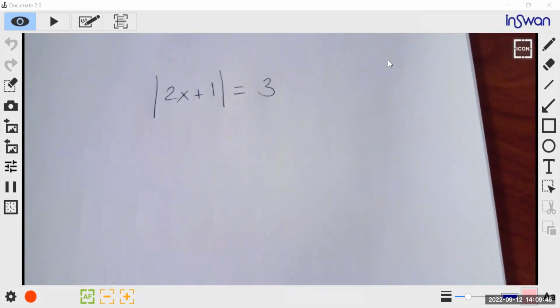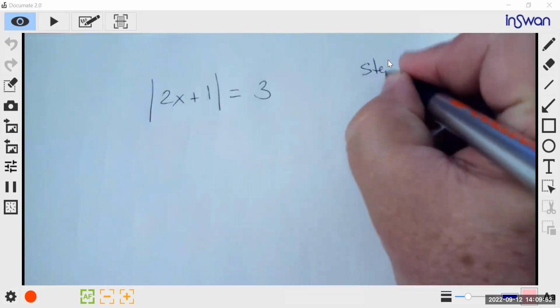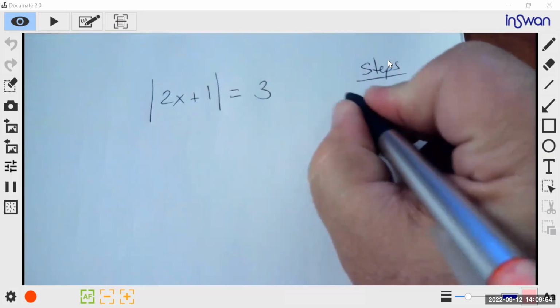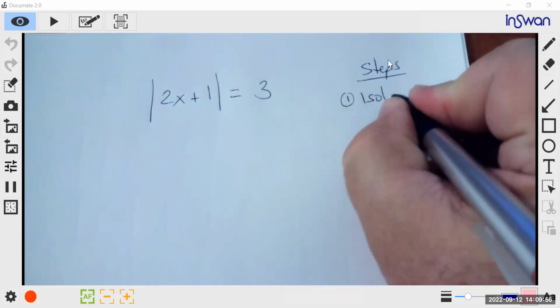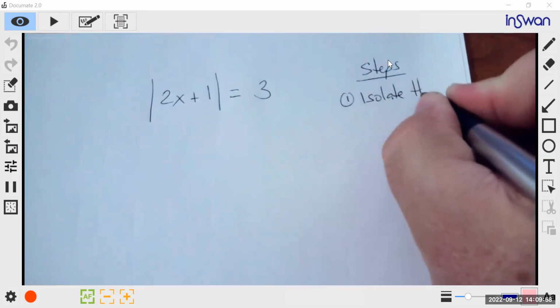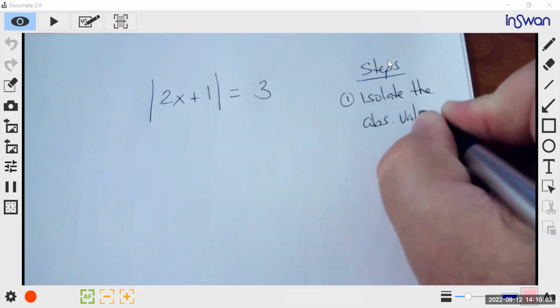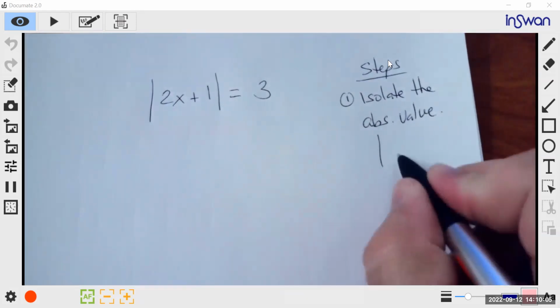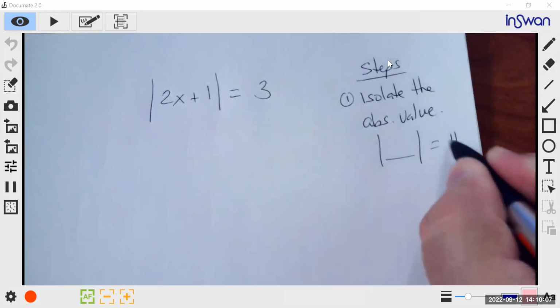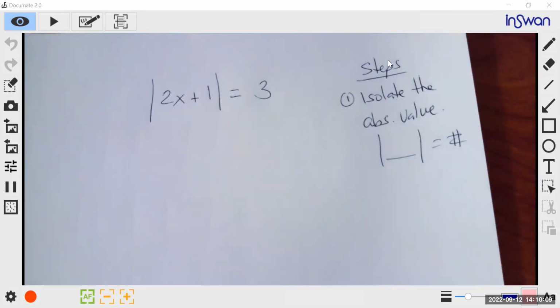So the steps of solving an absolute value equation: isolate the absolute value. So you have the absolute value equals some number.